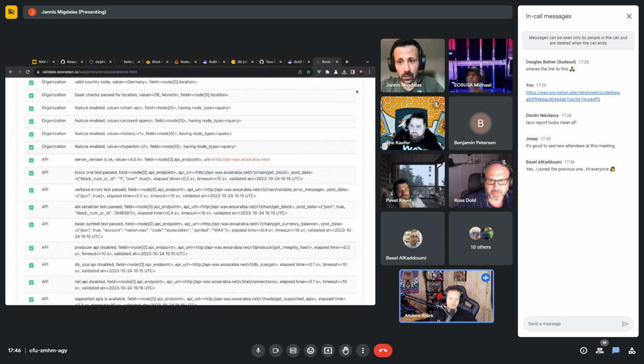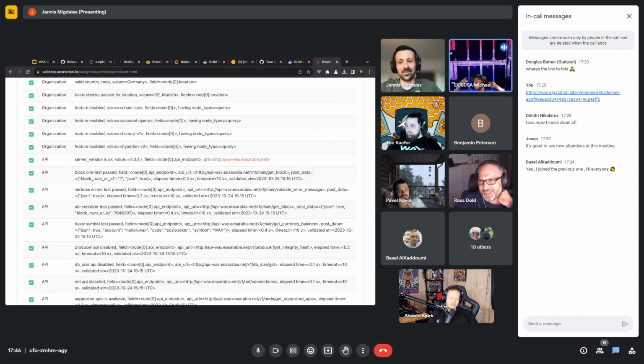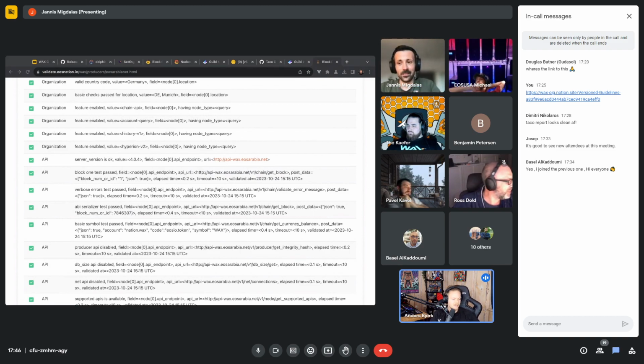Shouldn't be is the wrong word. It should be, but it's 4 terabytes. If you want to put in a requirement that everyone has to have this, then you have to have a good reason, and this is not a good enough reason for everyone to do it. Because most of the data is to provide a chain API that people can use for the current state. That's what most people use it for.